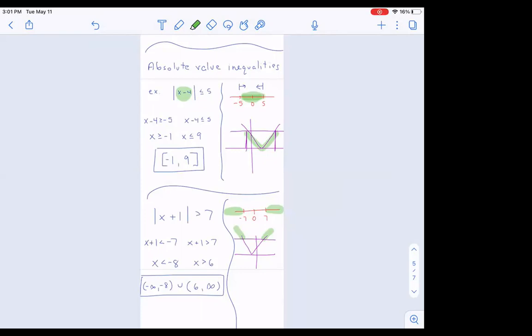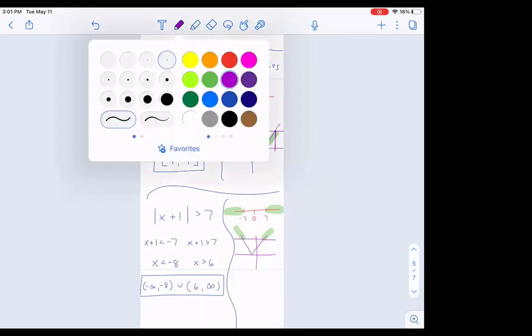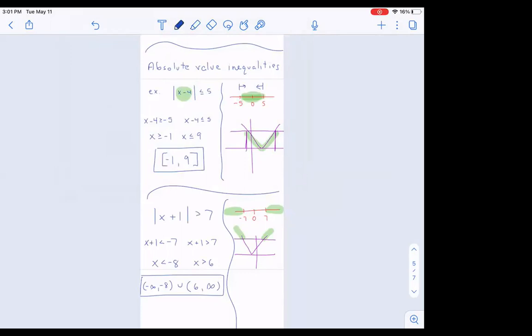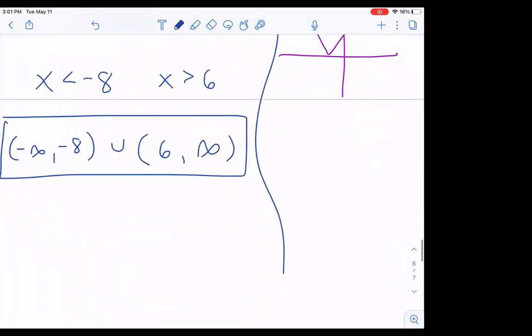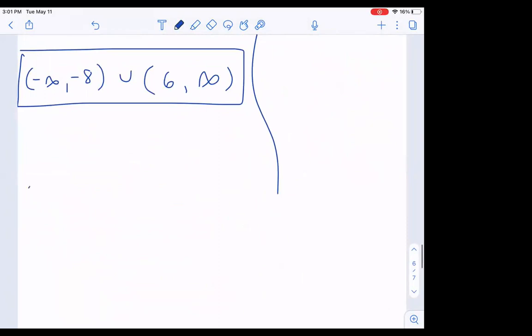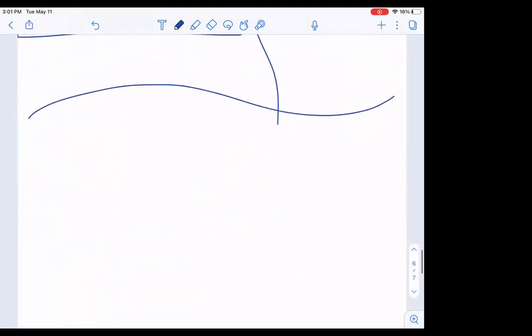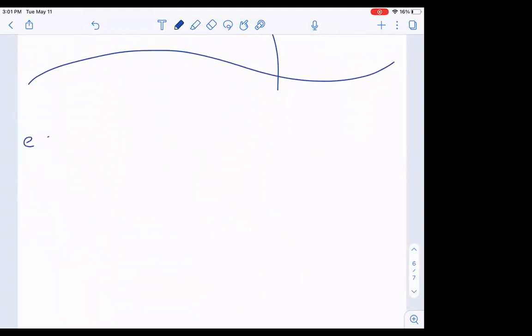Now that concept is about it, except the algebra can get a little bit tougher. But the idea of making those two equations is really the essence of what we're doing. Let me give you another example, which will only be harder in terms of the algebra. Let's say we have 2 times the absolute value of x plus 2, minus 5, is greater than or equal to 23.